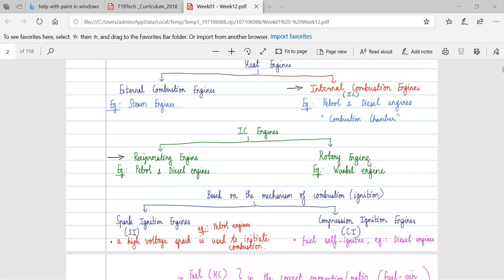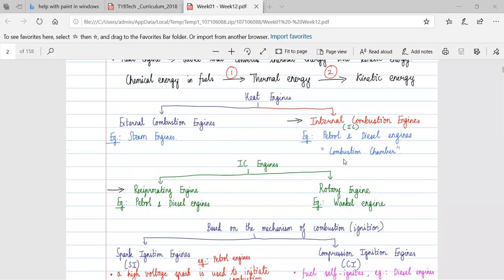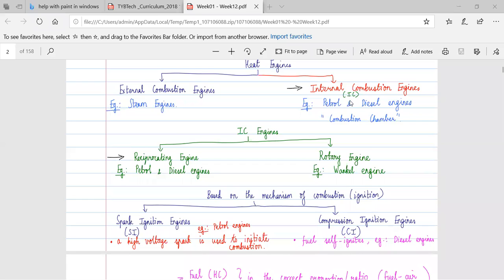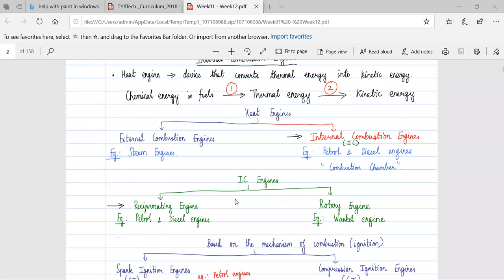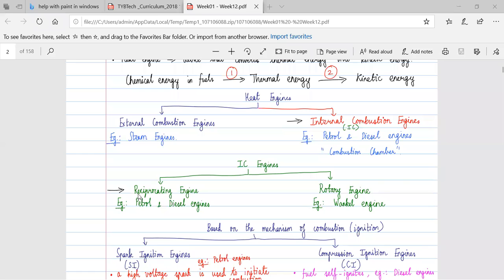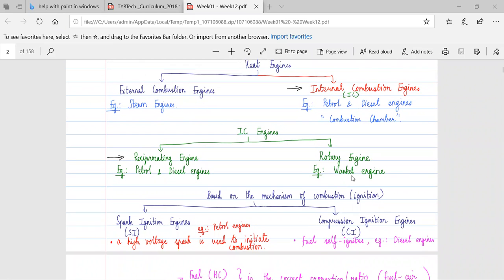Reciprocating and rotary are based on how the movement happens. Whenever kinetic energy is produced and it is used to drive the main crankshaft, according to how that movement is achieved, we have two types of engine: reciprocating engine and rotary engine.